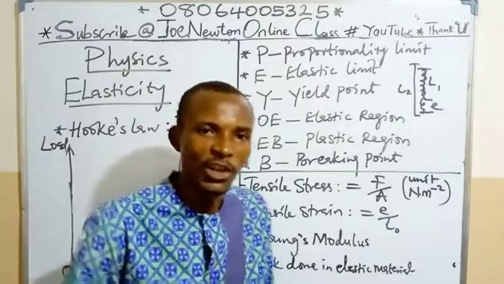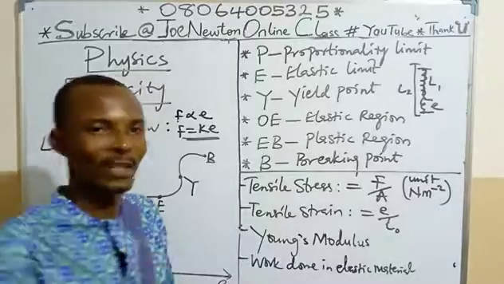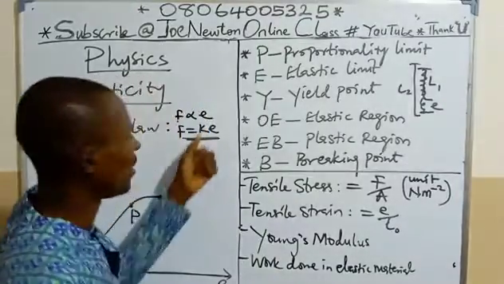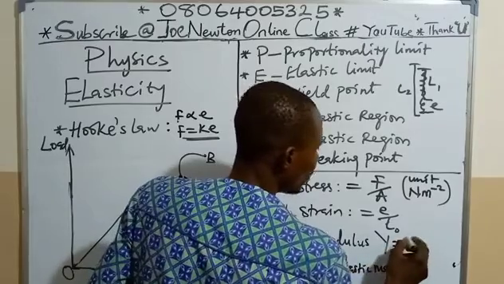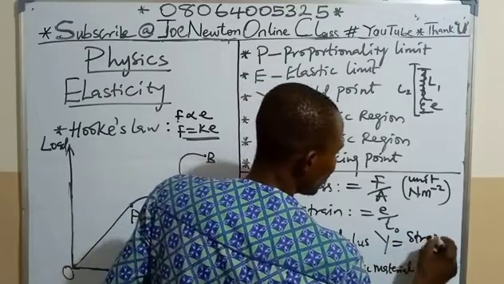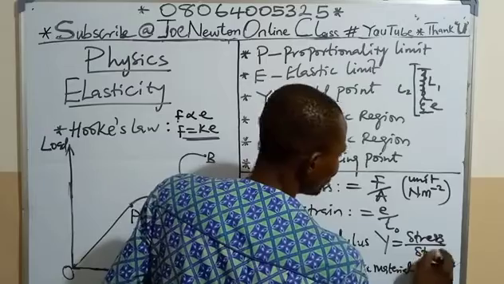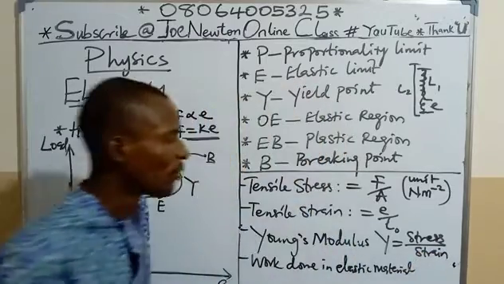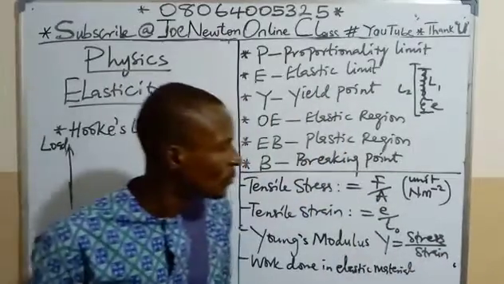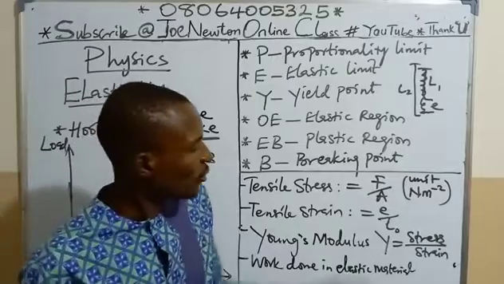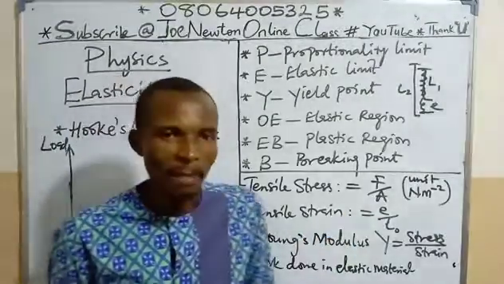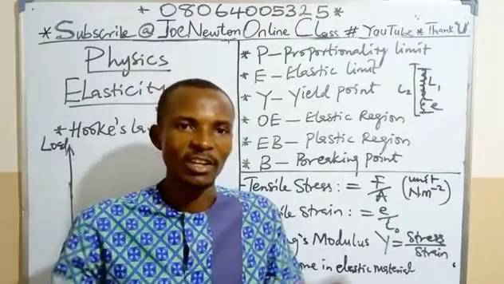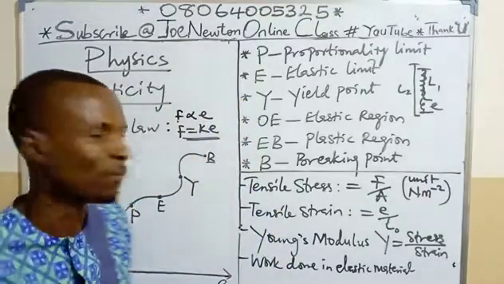In such a statement, the Young modulus becomes the constant of proportionality, like we have K here. So here we have that Young modulus is equal to stress over strain. Stress tells us about the distorting force, while strain describes the measure of deformation on that elastic material caused by the distorting force.